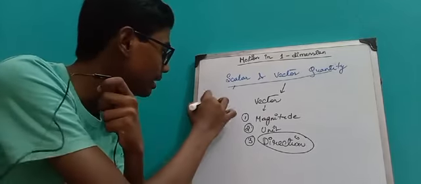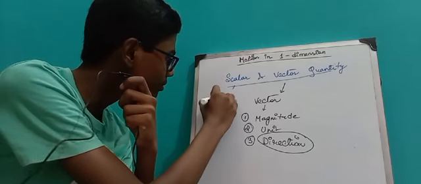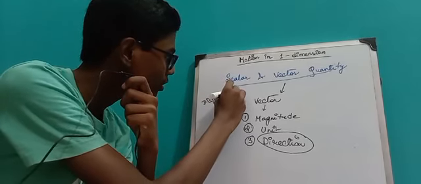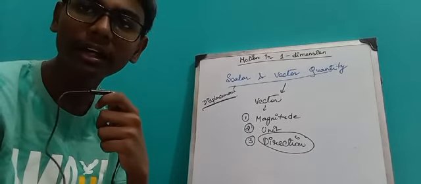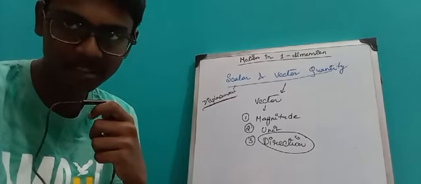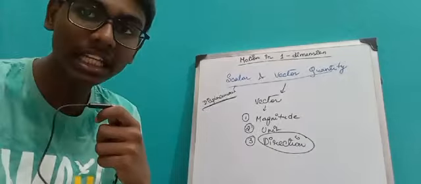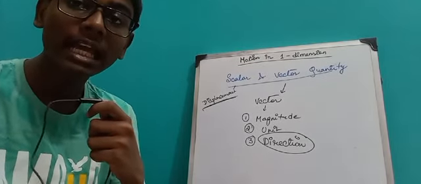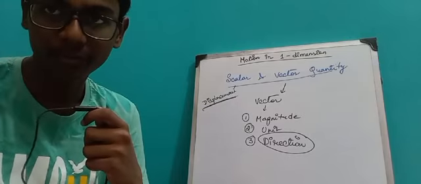Like, for example, let's take the example of displacement. In one of my shorts, I've already explained what is displacement. I'll again explain it today, but for the timing, I'm just telling you that displacement is greatly dependent on direction.